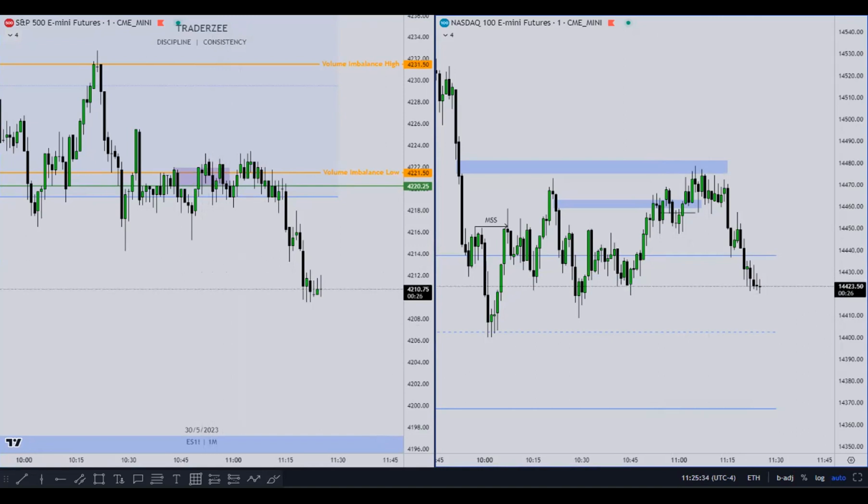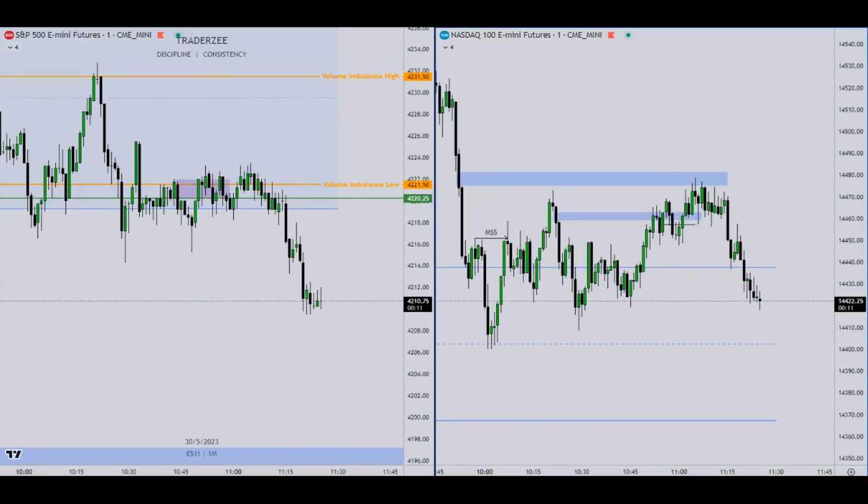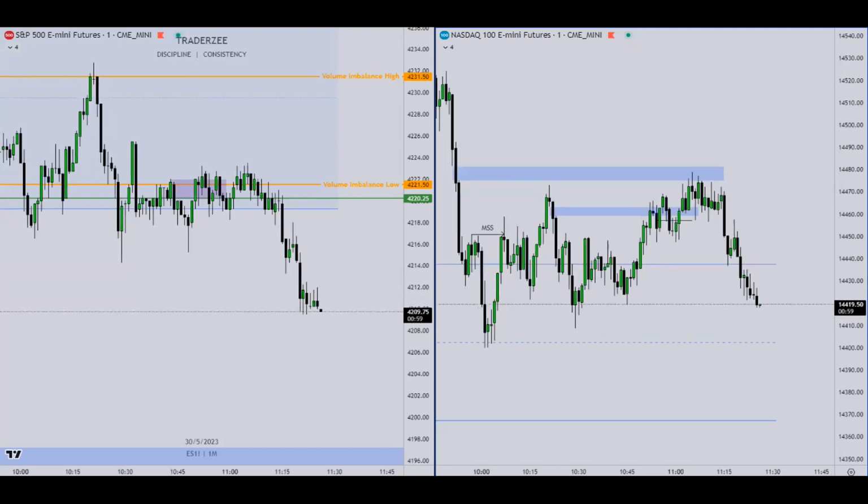ES 1 hour chart, immediate rebalance. That's what happened. Can you see it? If you can see it, just say yes in the chat. ES 1 hour chart, immediate rebalance. If you can't see it, I'll show it.